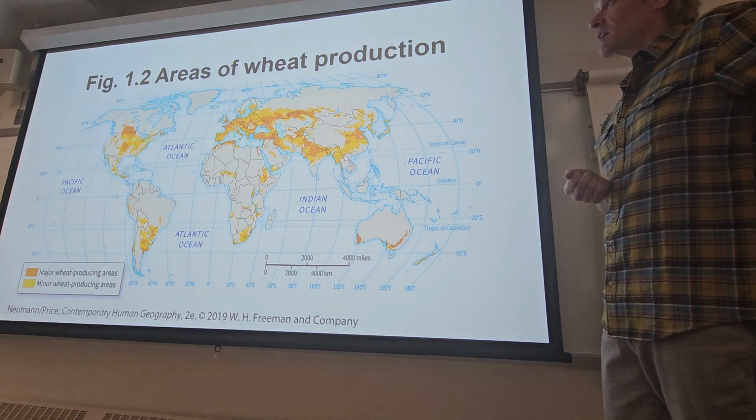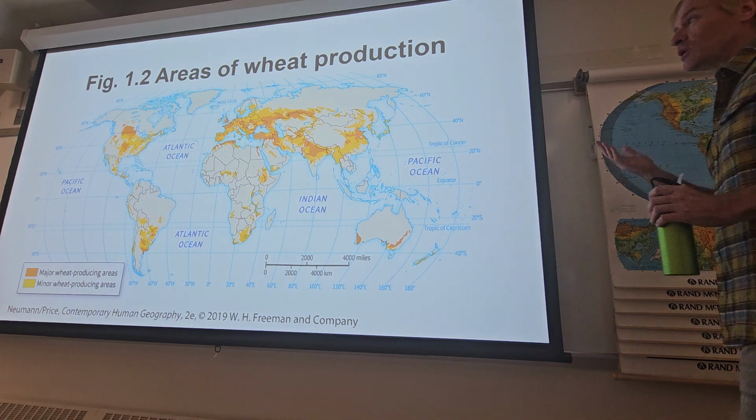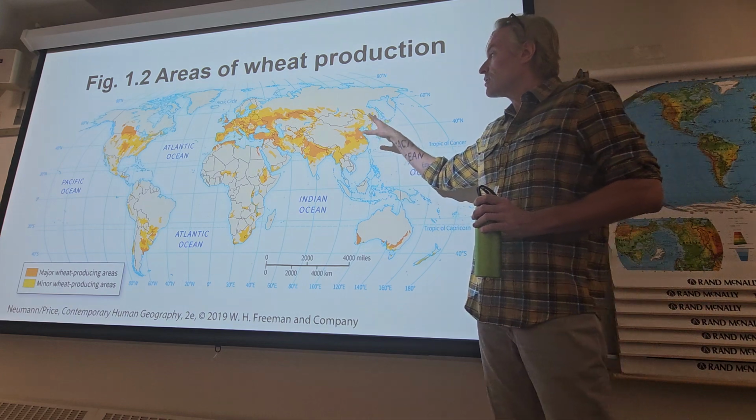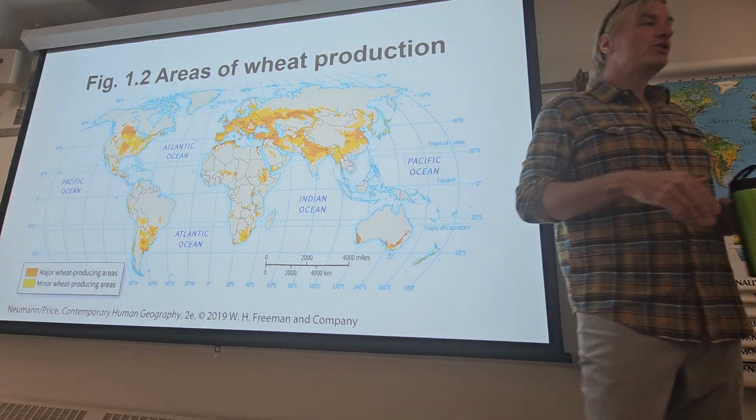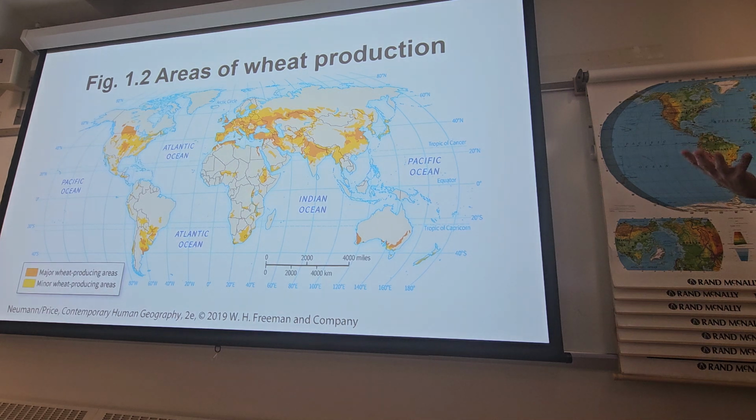Now wheat, of course, for thousands of years has become a staple of the diet of many areas around the world, including, for example, regions where the main staple used to be rice. A lot of those areas are switching to wheat for a number of different reasons.